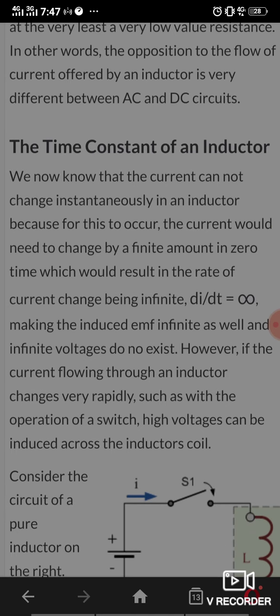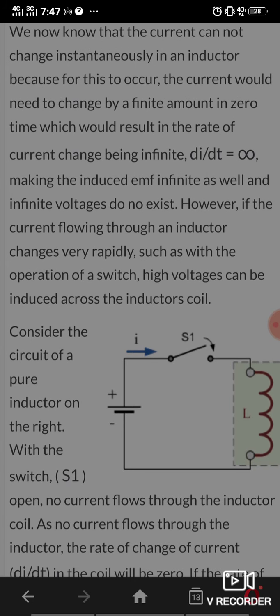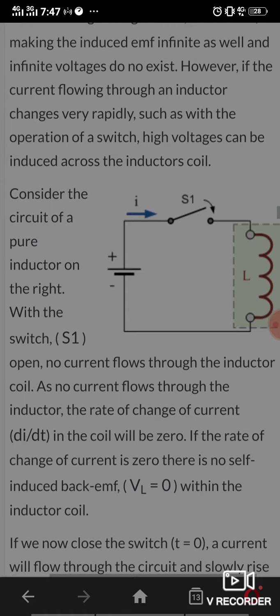Consider the circuit of a pure inductor on the right. With the switch open, no current flows through the inductor coil. As no current flows through the inductor, the rate of change of current in the coil will be zero. If the rate of change of current is zero, there is no self-induced back EMF within the inductor coil.